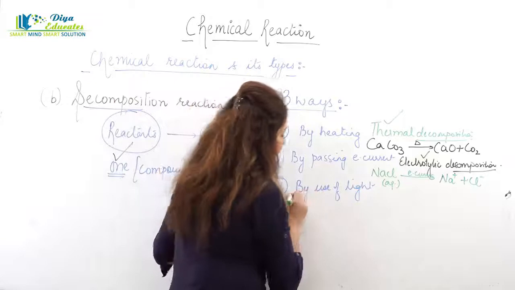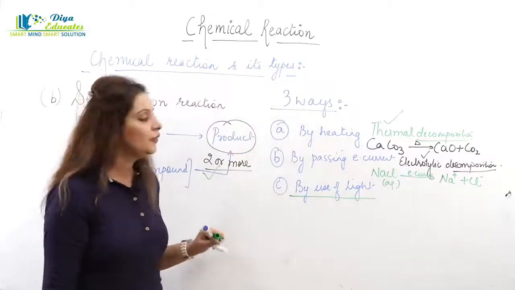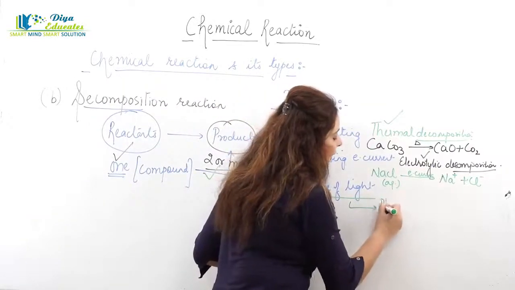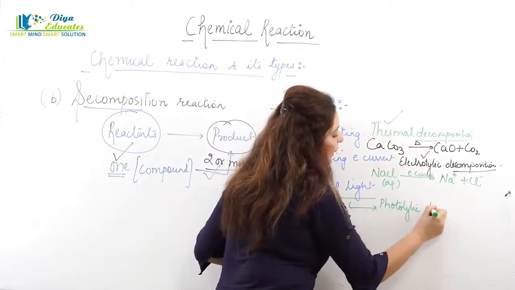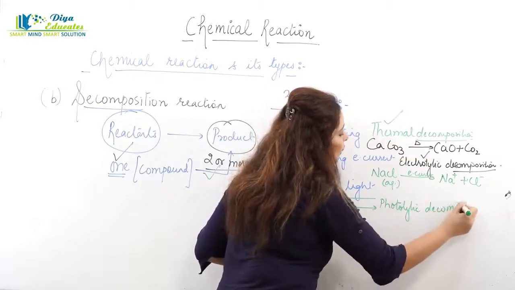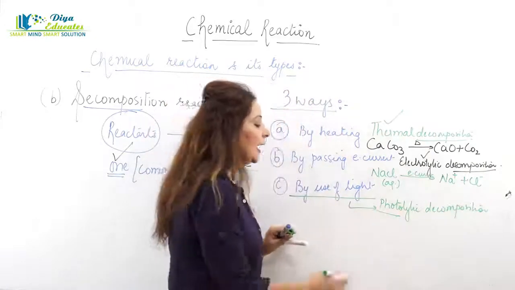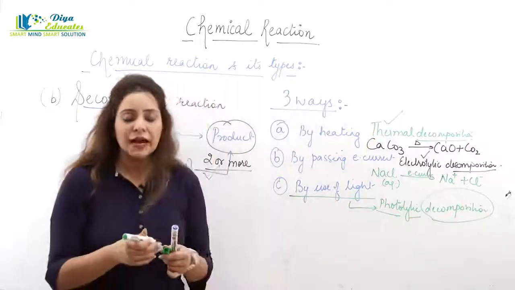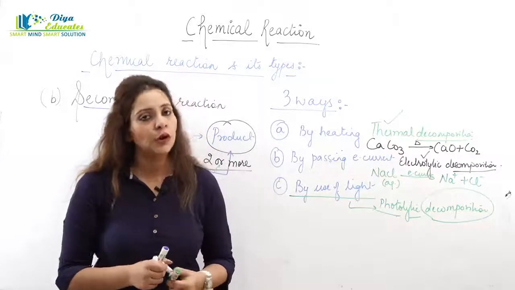Third, by use of light. We can decompose the reactant by making use of light, and the reaction is given a special name, photolytic decomposition. Photo means light, lytic means breakdown, and in this a single reactant or compound breaks up to form 2 or more products.